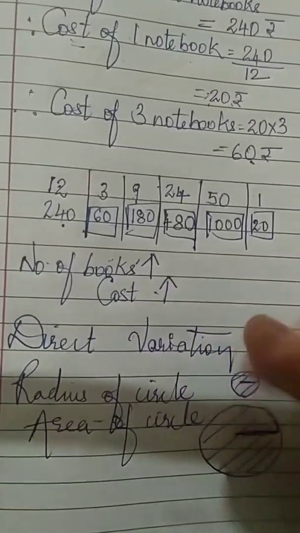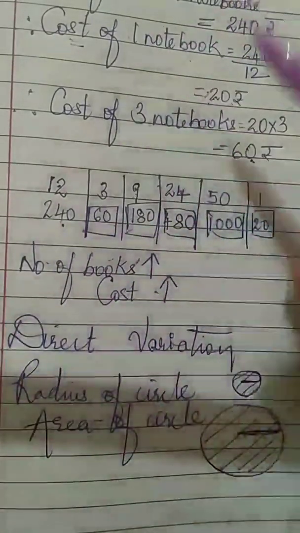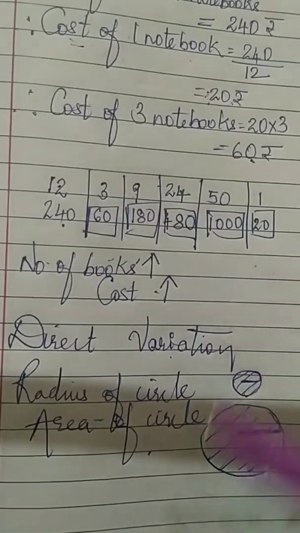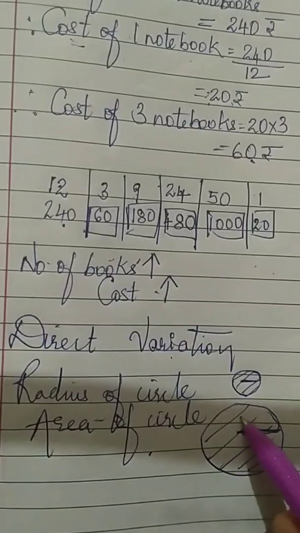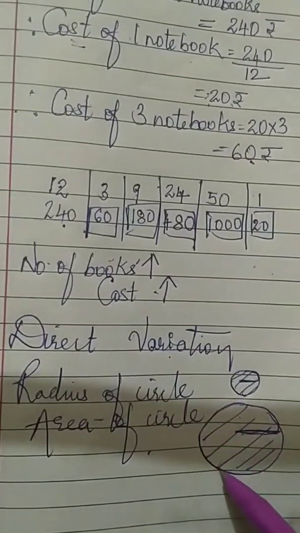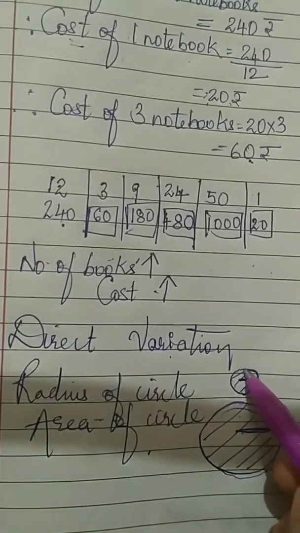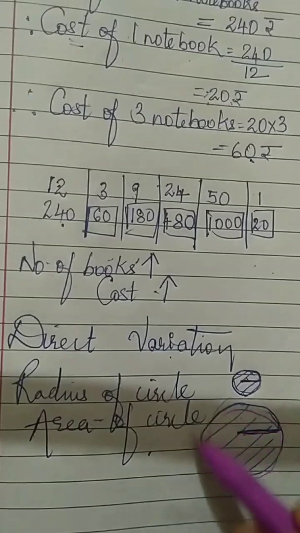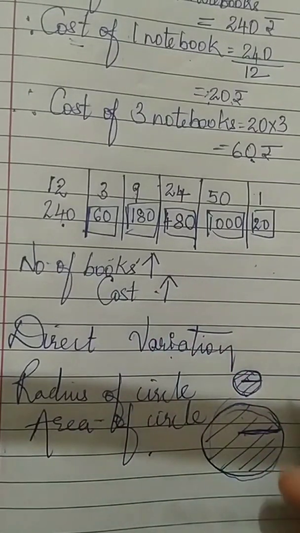Now, as the cost of books increases with the number of books, in the same way, as the radius increases, the area of the circle will also increase. Or, as the radius increases, the circumference, that is the boundary, will also increase. For a smaller radius, the circumference is less. For a bigger radius, the circumference is more. So, all these are direct variation.